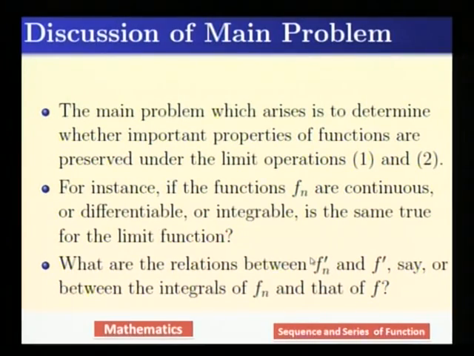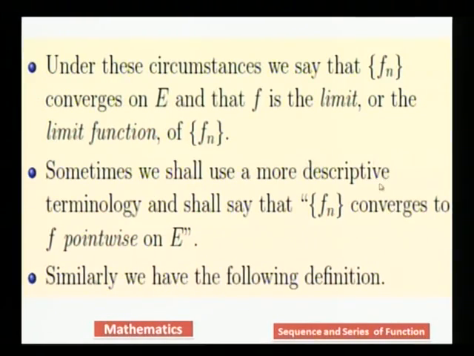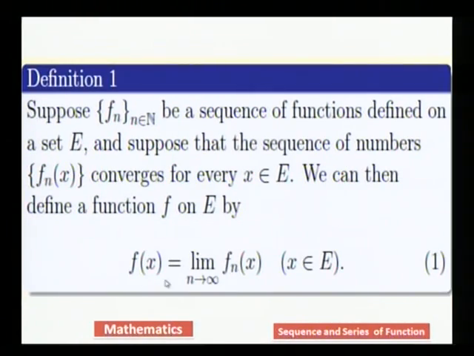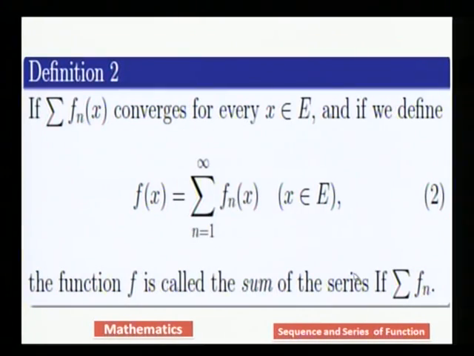Okay. What is the main problem? Let us discuss. The main problem which arises is to determine whether important properties of functions are preserved under limit processes, operations 1 and 2. Operation 1 means f(x) is equal to the limit of f_n(x) for every x in E, that is the pointwise limit, and 2 means f(x) is equal to the sum of f_n(x), that is you have the series here.